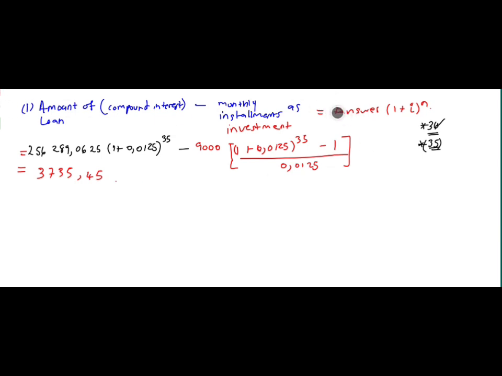Remember, I said you take the answer, which is you treat that like a normal monthly installment. So rather, future value will be 3,735.45 into 1 plus 0.0125 to the power of 1. And the answer to that will be 3,782.14 cents. And that's basically how much you'll be paying on his last trip to the bank.